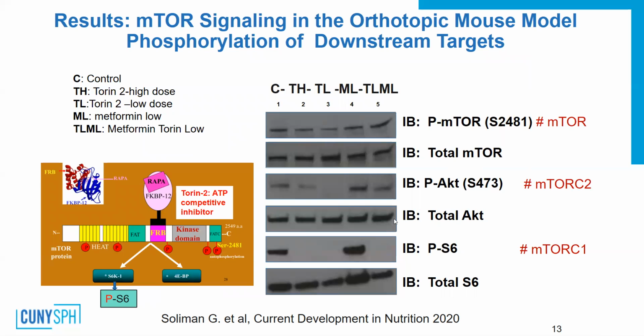We also looked at the phosphorylation of S6, which indicates mTORC1 activity, and again with Torin-2, both high dose and low dose, it inhibited the phosphorylation of S6. So this clarified that our injections led to the inhibition of both complexes mTORC1 and mTORC2, and it also reduced the autophosphorylation of mTOR at serine 2481.